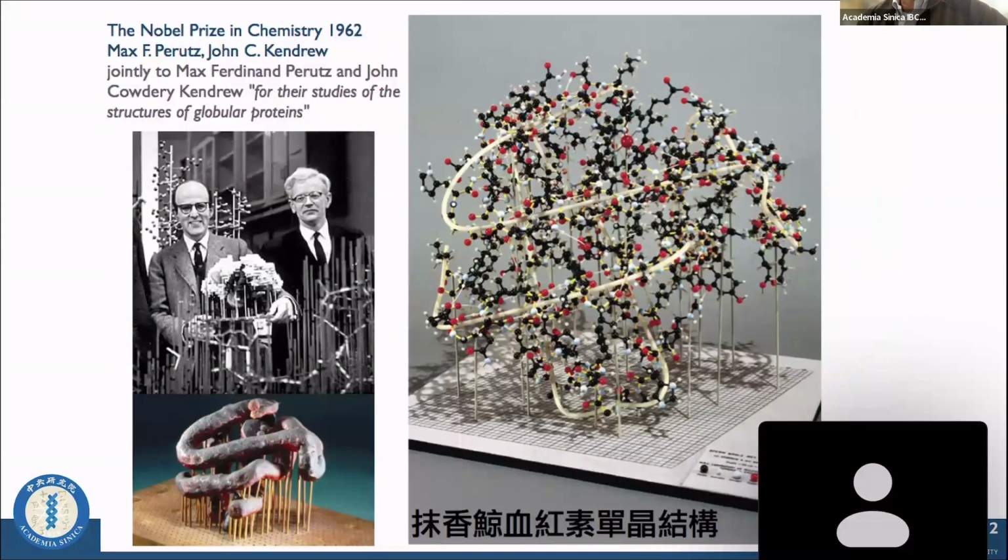Now, the first protein structure was solved by X-ray crystallography by Max Perutz and John Kendrew at Cambridge University in the early 50s. And because of their groundbreaking discovery, they were awarded the Nobel Prize in Chemistry in 1962. Here on the right, you will see the atomic model they built for the first ever protein structure, that is the protein that carries the oxygen and is purified from the blood of sperm whales.